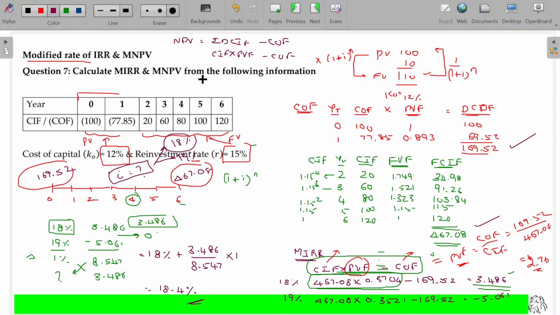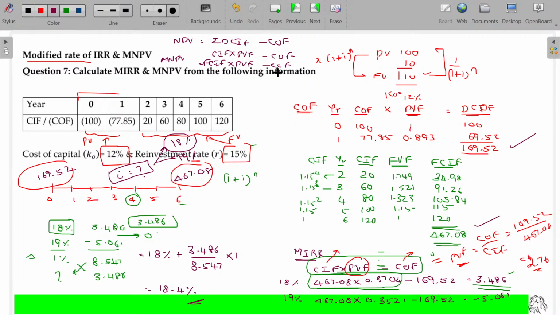Is that okay? In case of modified NPV, you are going to use the same, but the cash inflow of the nth period, the future cash inflow, will be taken into PV factor minus cash outflow.